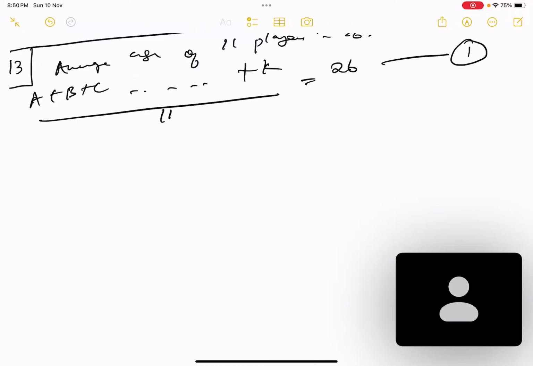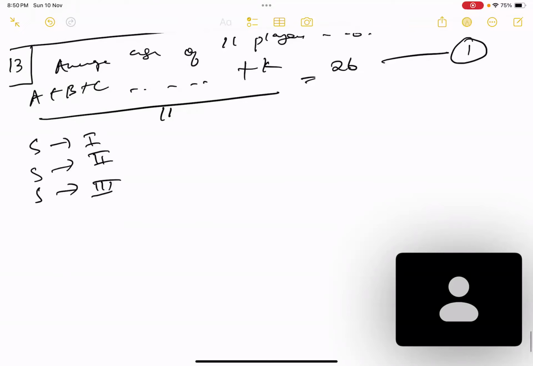Now statement 2 says that the captain is 7 years older than the youngest player. So the difference between the captain and the youngest is 7 years. And the third statement says the average age of the 10 players other than the youngest player is 25 years and 9 months. Now leave aside statement 1 and statement 2 for a bit. Let's go for statement 3.